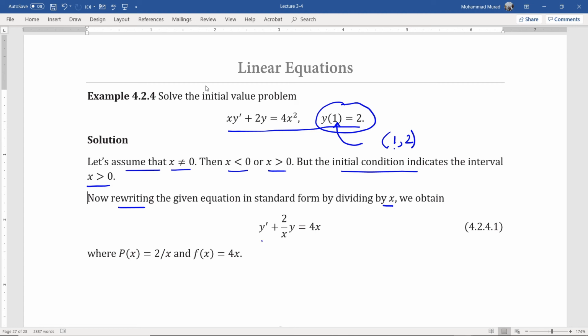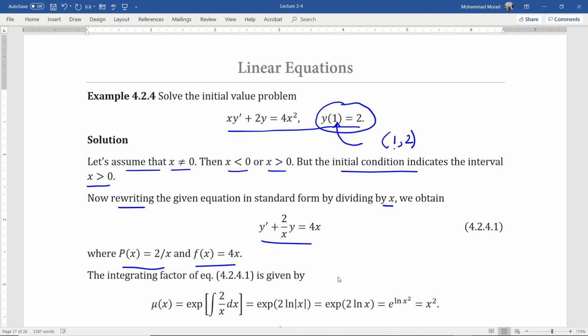Now rewriting the given equation in standard form by dividing by x, we obtain the equation shown in 4.2.4.1, where p of x equals 2 over x and f of x equals 4x. The integrating factor of the equation 4.2.4.1 is given by the definition: mu of x equals exponential of the integral of the function p, which when integrated gives the exponential of 2 times the natural log of absolute value of x.